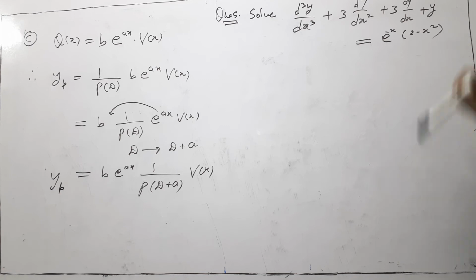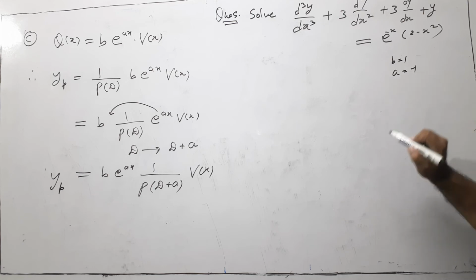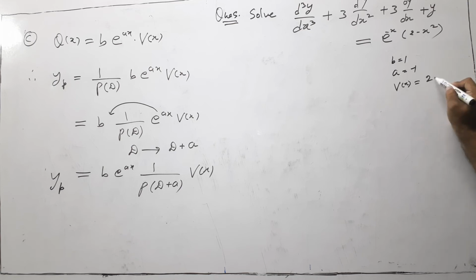Here we have V is equal to 1, a is equal to minus 1, and V(x) is 2 minus x squared. So this is the case when Q(x) is a product of an exponential function and some function of x.